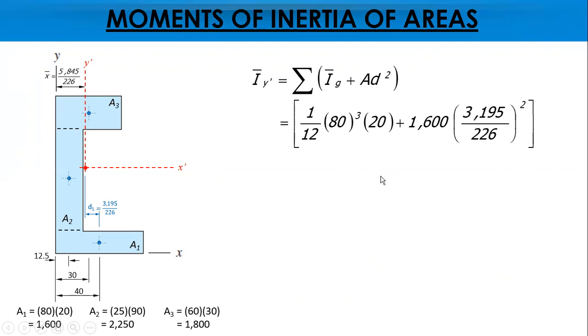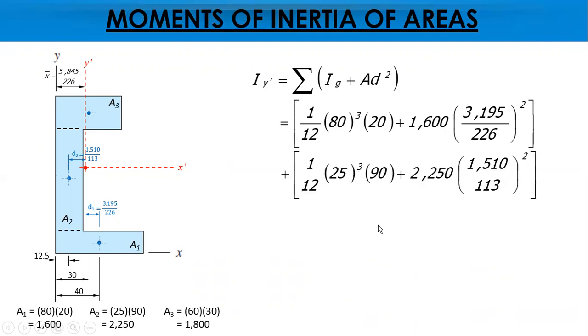This one, 1 over 12 b cubed h. And for element 2, this is equal to x bar minus 12.5. You can check this one.